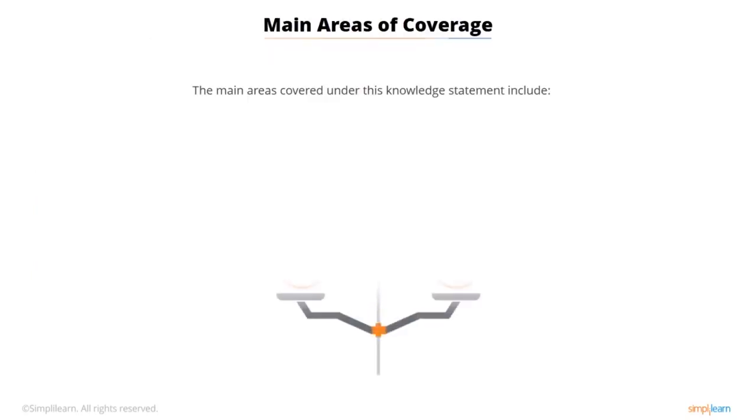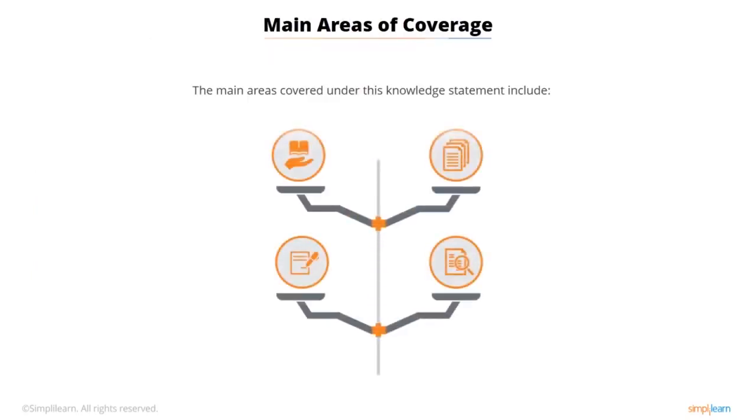There are a few essential areas that are covered under this knowledge statement. Let's begin with evidence. Now, in previous lessons, we've mentioned evidence is important. Evidence is factual data. Speculation really is not important in an audit. We're not interested in guessing, in supposing. We need evidence that shows certain things are or are not true.